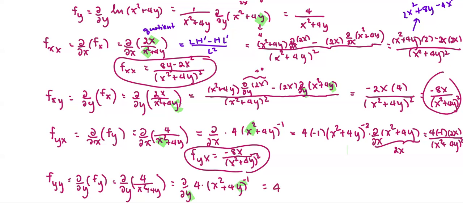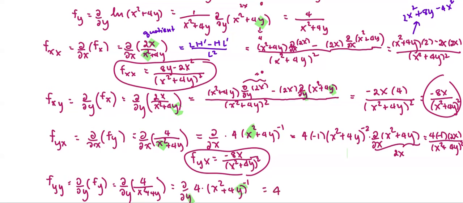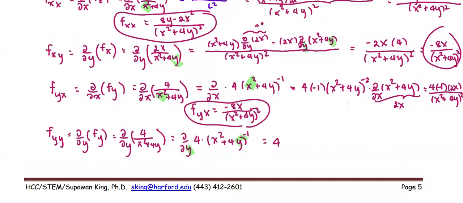So we have 4 as a constant multiple. Use the general power rule to find the derivative. It's going to be negative 1, and the power becomes negative 2, and find the partial derivative with respect to y of x squared plus 4y.